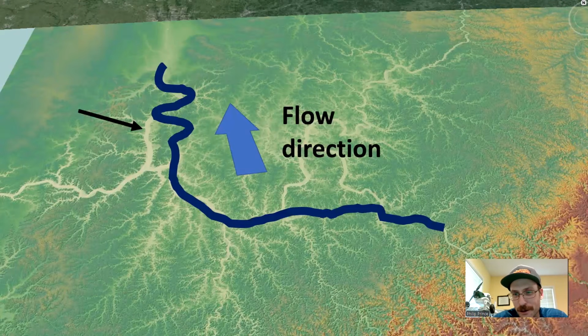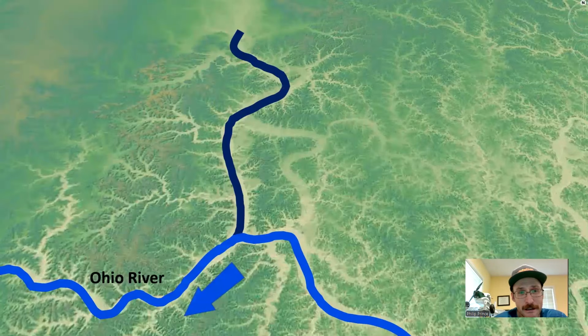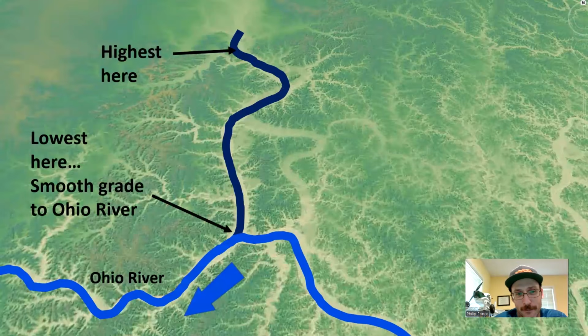Now let's talk about the one to its west up there on the north side of the Ohio River, the valley that has the Scioto River in it today. Highest up there at the top, much lower down there at the Ohio. That makes sense because water is presently draining through it from up there around Chillicothe down to the Ohio at Portsmouth. So that gives you that flow direction.